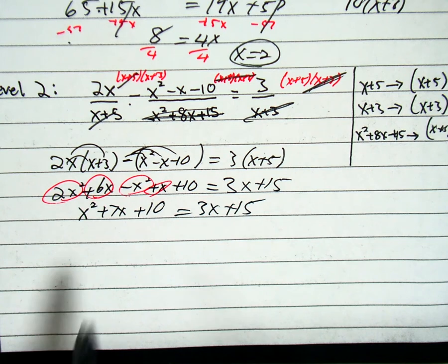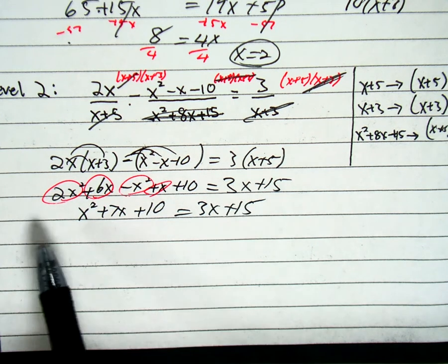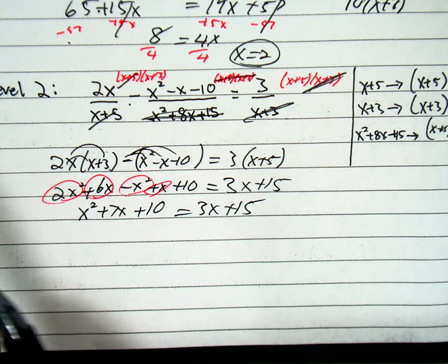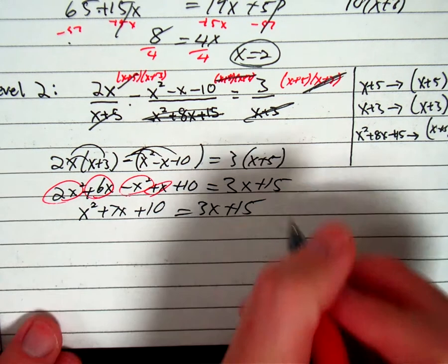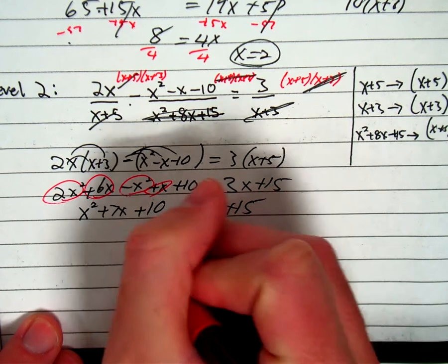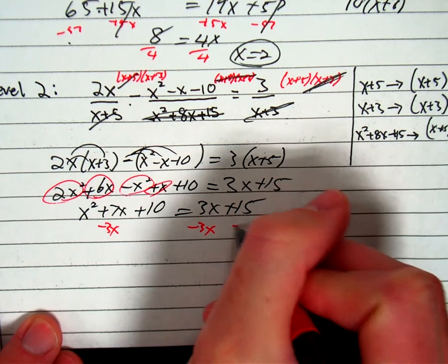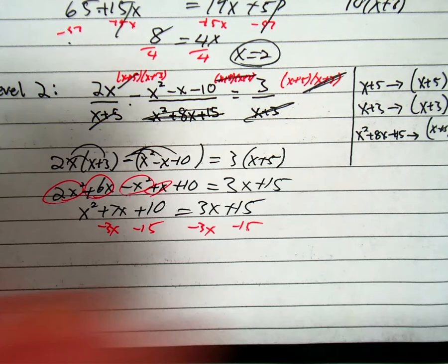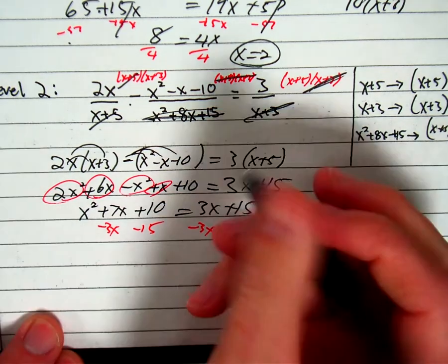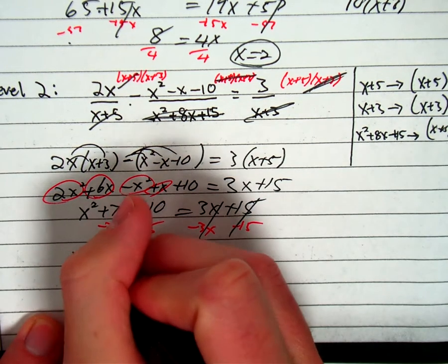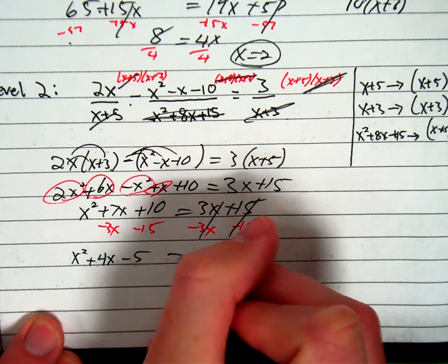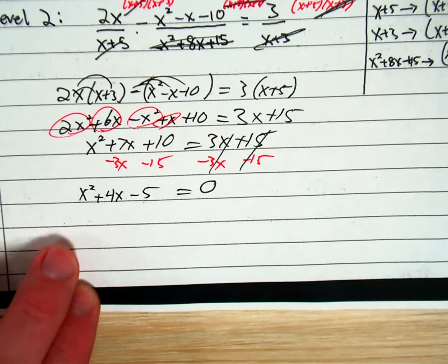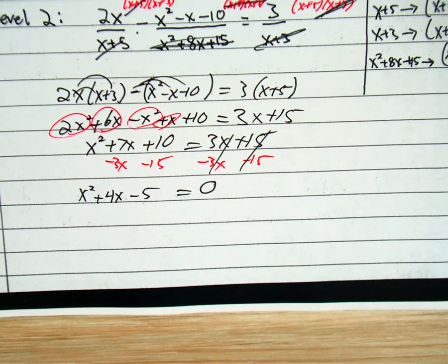Well, we still have this x squared, so I don't see any way to cancel that out. So our best strategy here is probably get everything on the same side and try to factor at the end. So it's minus 3x minus 15. So now we got x squared plus 4x minus 5 equals 0.